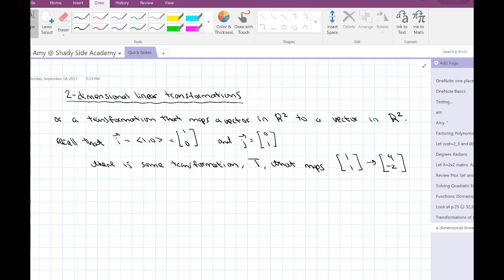All right, here's how I want to start with this example. Let's say there is some transformation T that maps the vector (1, 1) to (4, -2). I don't know what that transformation is. Maybe you would say the x component is multiplied by 4 and the y component is multiplied by -2.